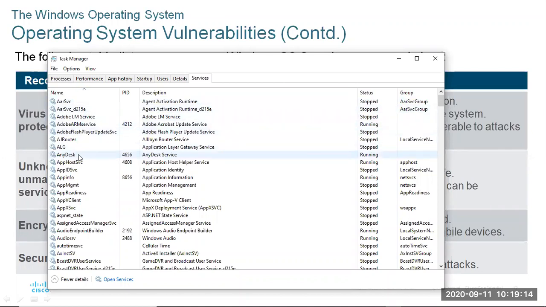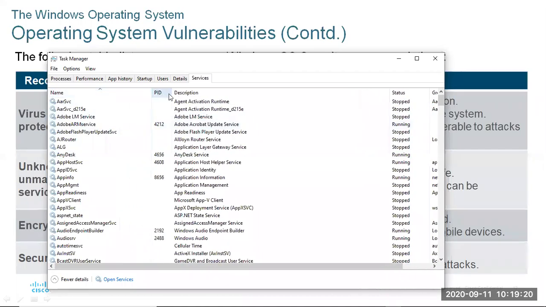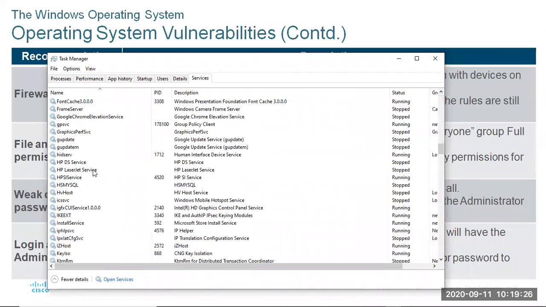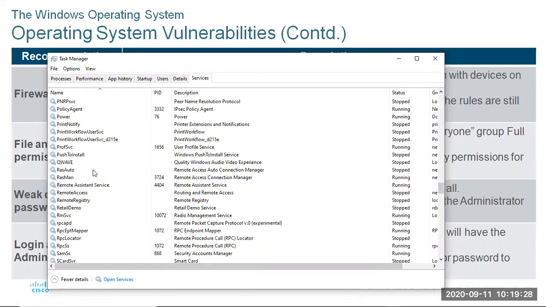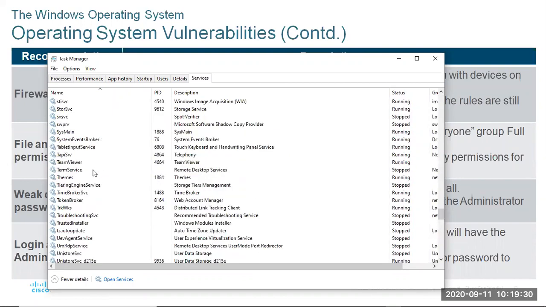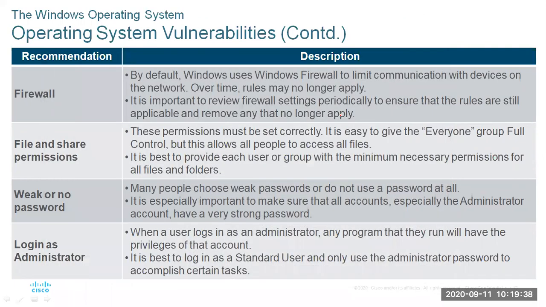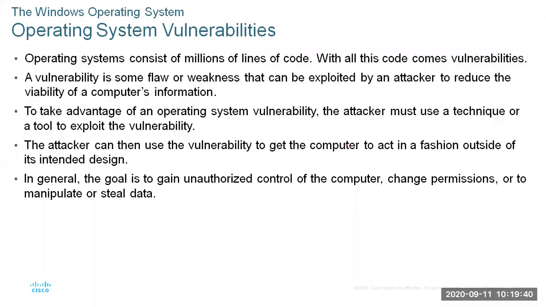These are the service names, this is the PID of the service, this is the description of the service. These are all the services that are currently running, and most of them are running in the background of the system. Once you start your system, automatically it begins to run some of these services.